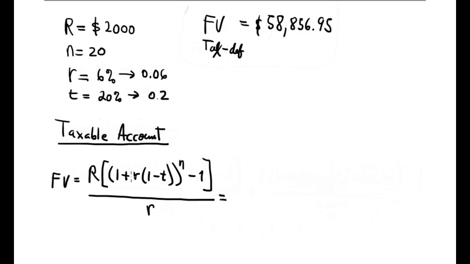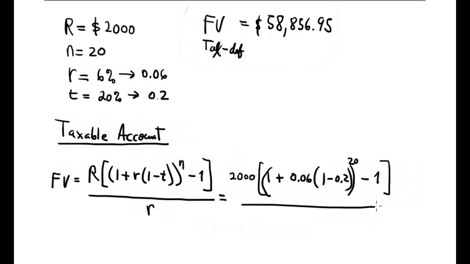Okay, plugging into my formula: 2,000 bracket, 1 plus 0.06 times 1 minus 0.2, raise everything to the 20 power, minus 1, close the bracket, divided by 0.06.